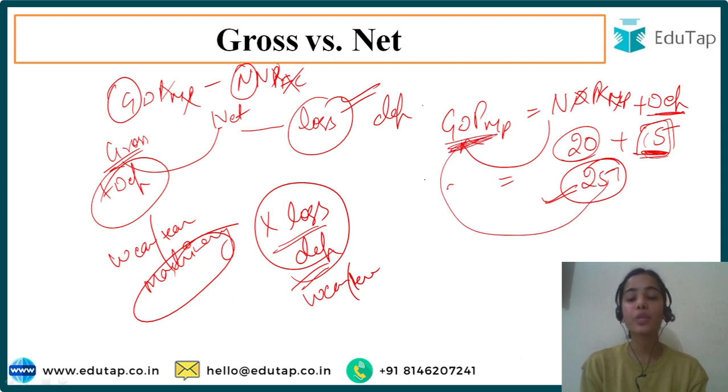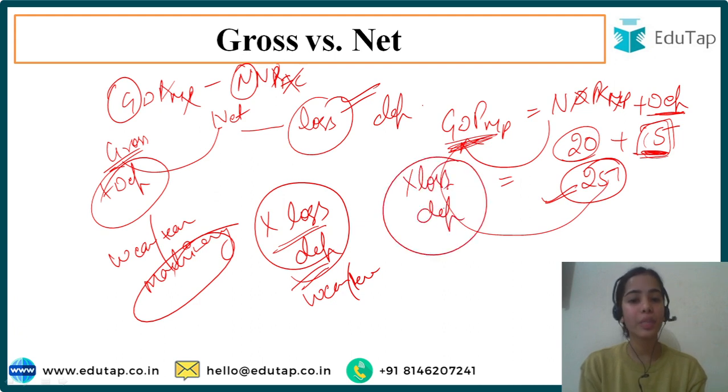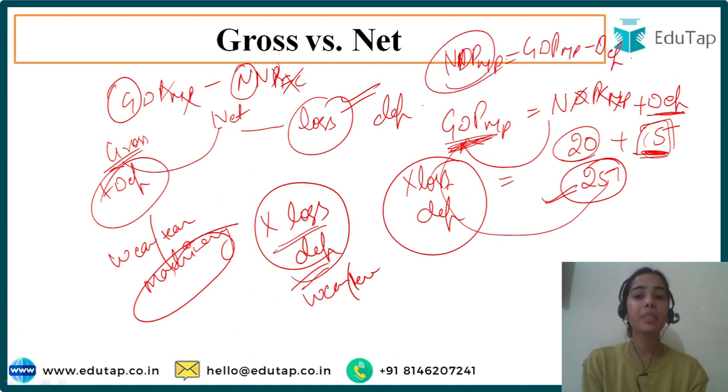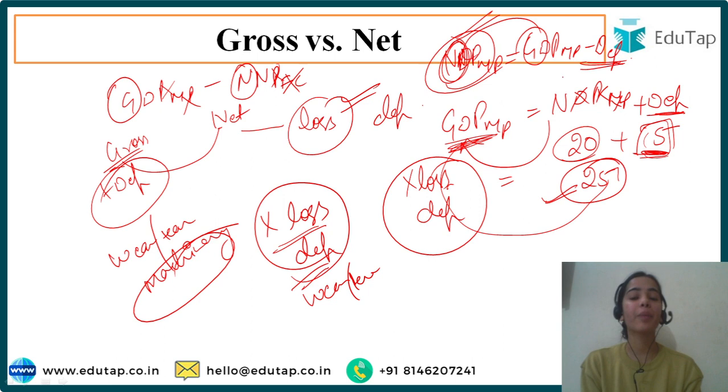GDP MP does not take into account the loss that is happening due to the depreciation. It is just adding the depreciation. While from GDP MP to NDP MP, we are deducting the depreciation, because the net from the gross is taking into account the loss that has happened because of the depreciation.